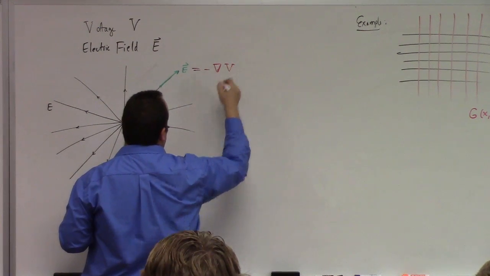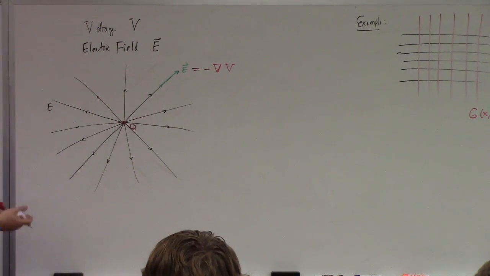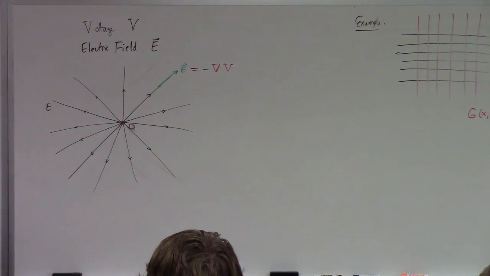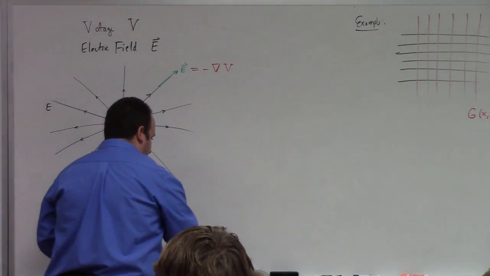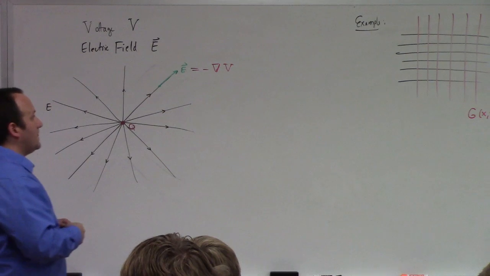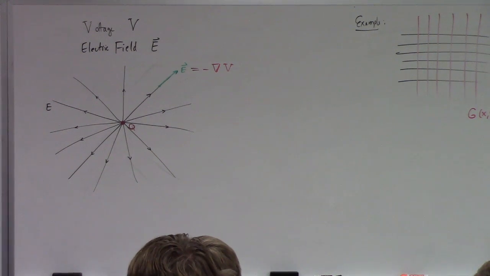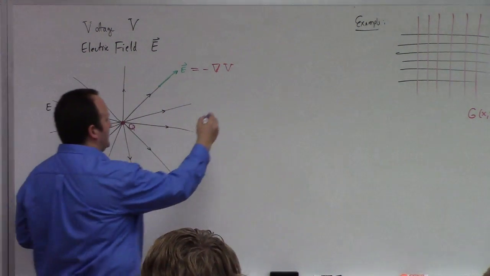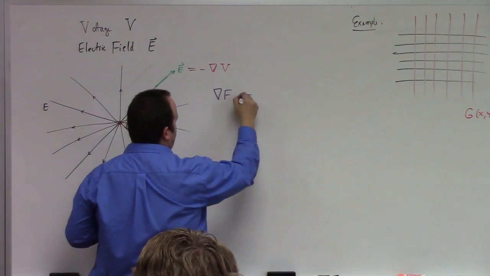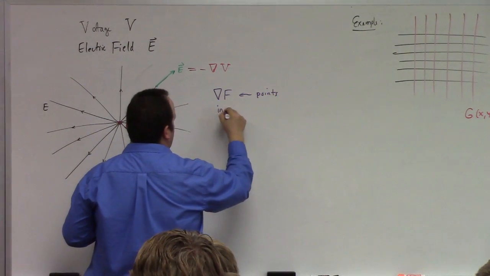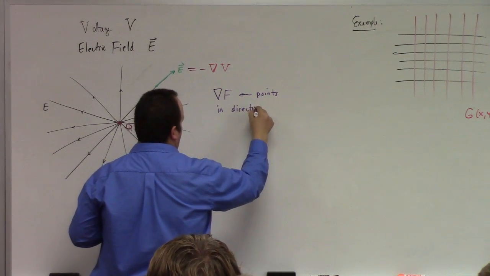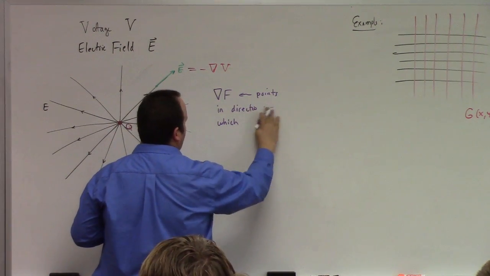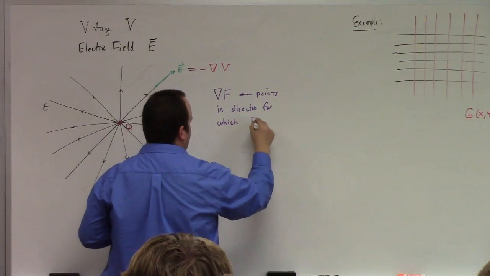Now that's the three-dimensional statement, but in 2 dimensions it simplifies. Anyway, in calculus 3 you will learn that the gradient vector points in the direction of increasing. If I talk about the gradient of f, this thing points in the direction for which f levels up.